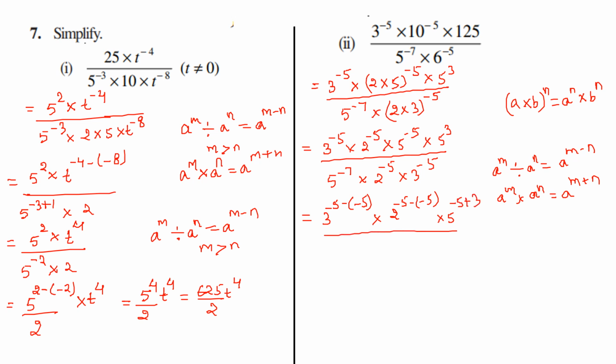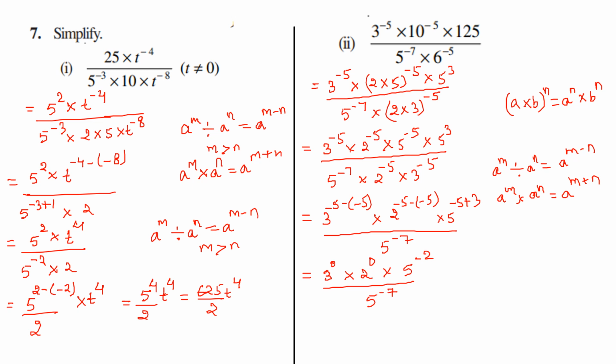So in the denominator now I am left with only 5 to the power minus 7, and 3 to the power minus 5 and then minus of minus 5 will become plus 5. So 3 to the power minus 5 plus 5 will become 0. Same way 2 to the power minus 5 minus of minus 5 will also become 0, into 5 to the power minus 5 plus 3 is minus 2, divided by 5 to the power minus 7.